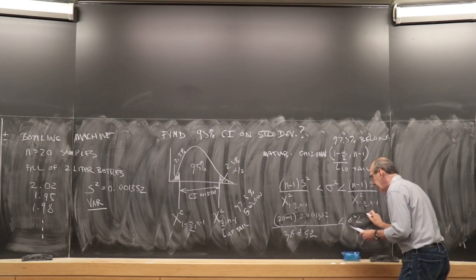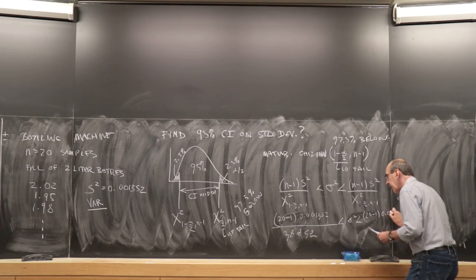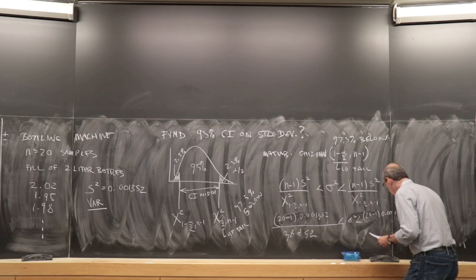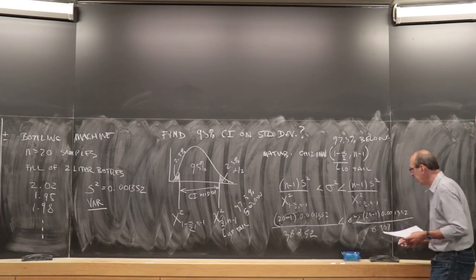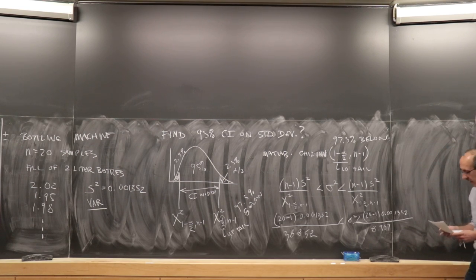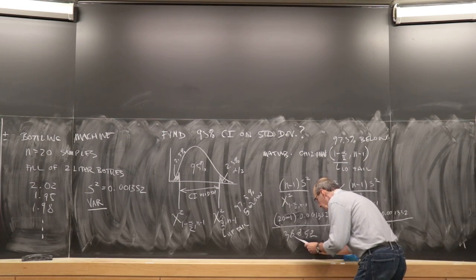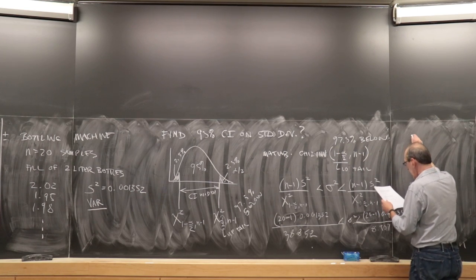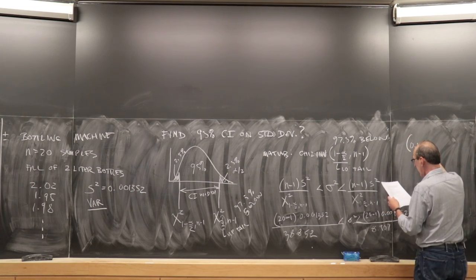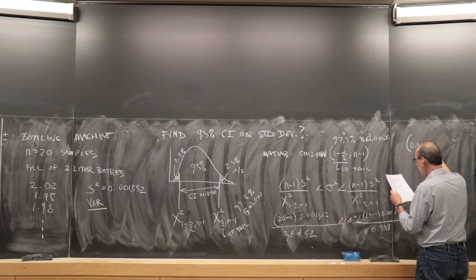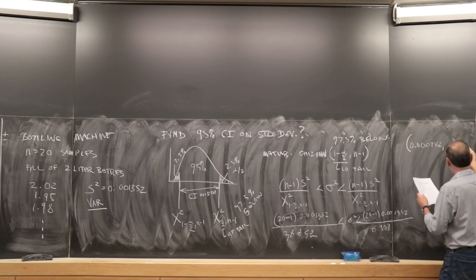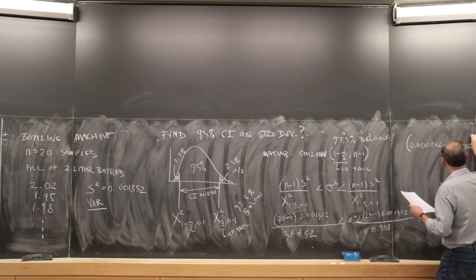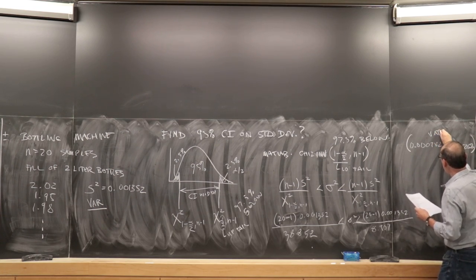It's less than 20 minus 1 times 0.001352 over 8.907. Okay? And it works out to, we'll do it up here. I'll write it as this kind of an interval, 0.000782, 0.00288. And that's for the variance.